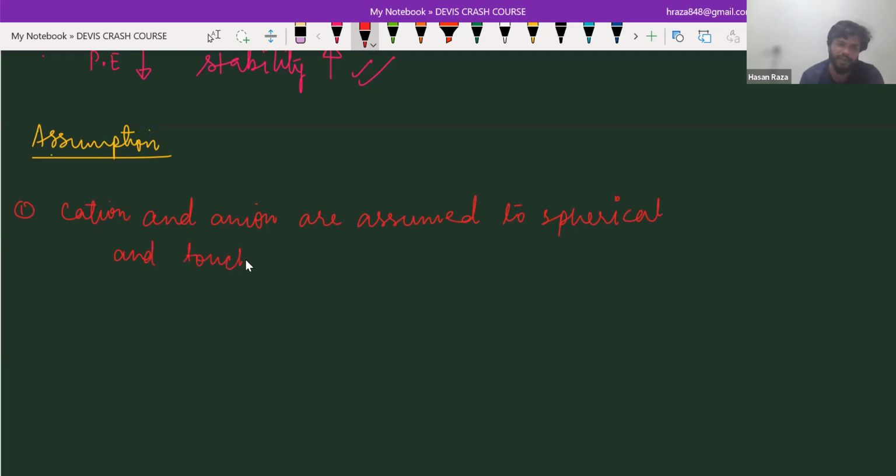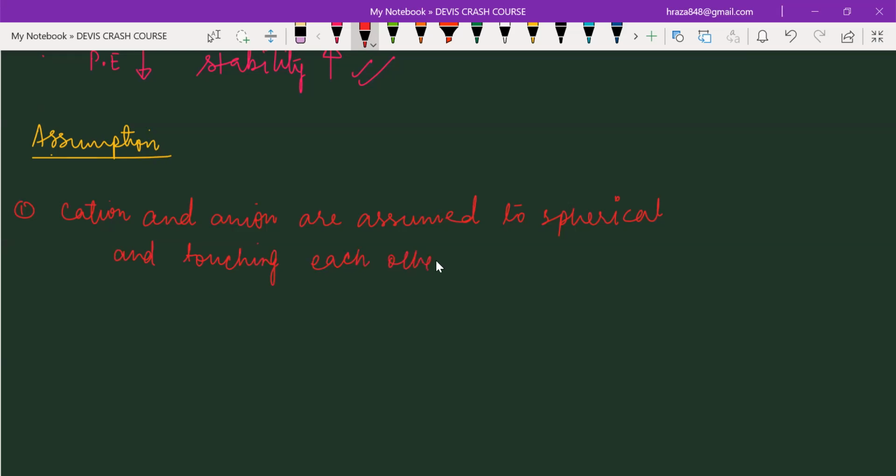Since they are opposite in charge, they can touch each other. The next point, all atoms are spherical, right? That's why I told you from childhood. There is no new concept in this.